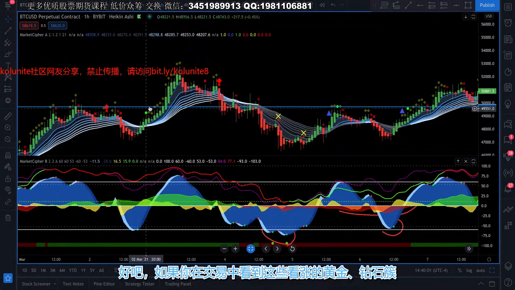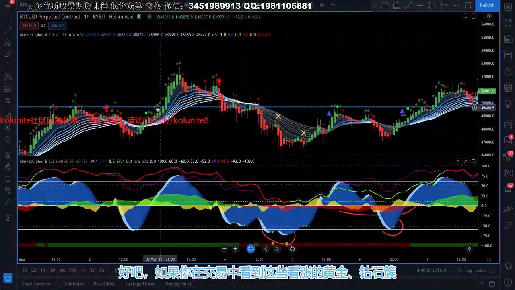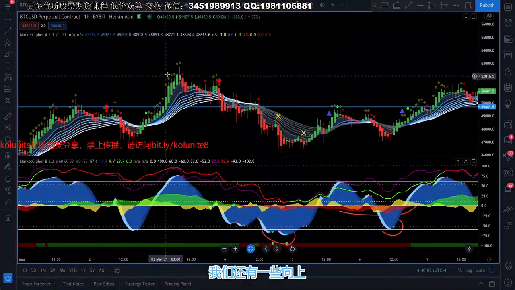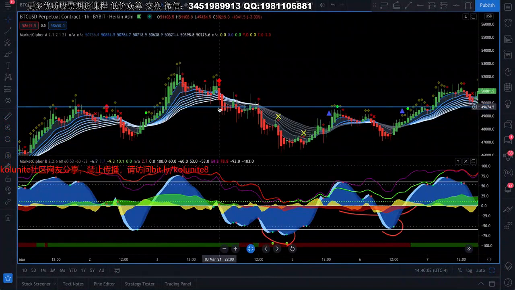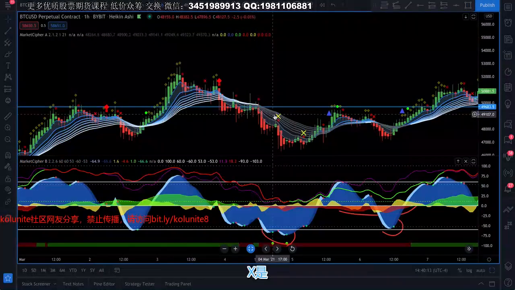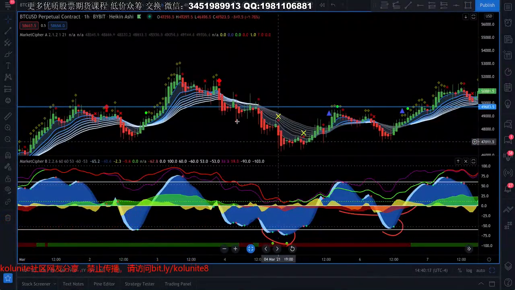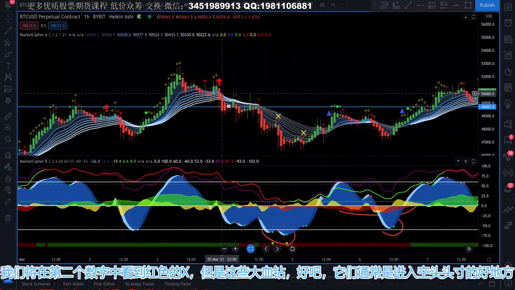If you're in a trade and you're seeing these bullish clusters of gold diamonds, that's reassuring you that we still have some upward potential to go. If you're in a short and you're seeing red diamonds and yellow X's, that's reassurance that we're going to keep heading down. We're going to get to the red X's in a second.